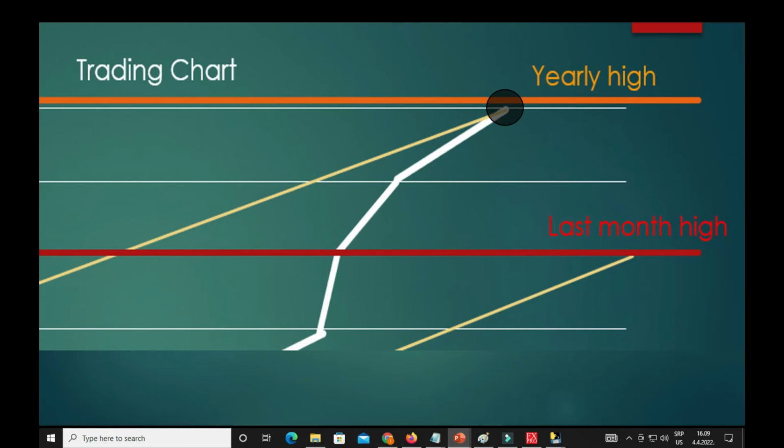In this case we have two important circles. This black circle between the channel and yearly high, and last month high and channel, are very important, because now we can see maybe a bearish trend between yearly high and last month high, or we can break the yearly high level and try to achieve a new price level.